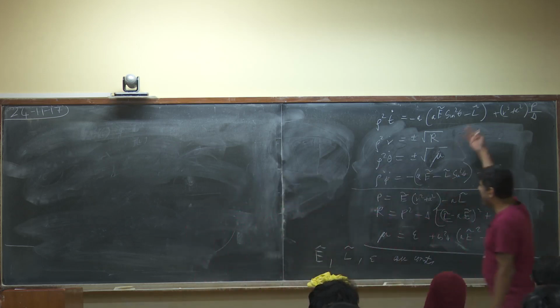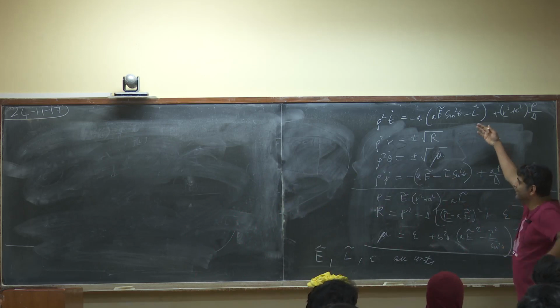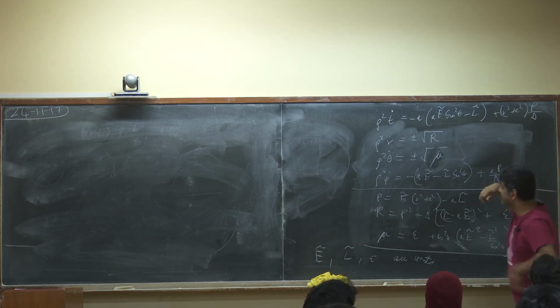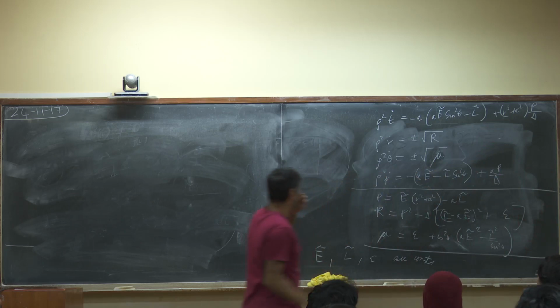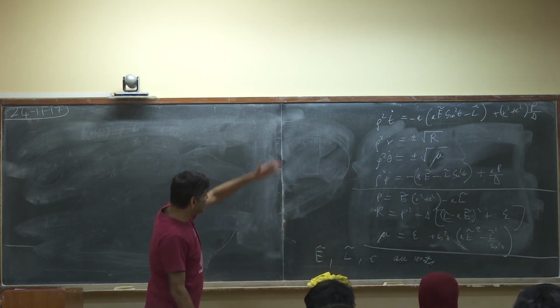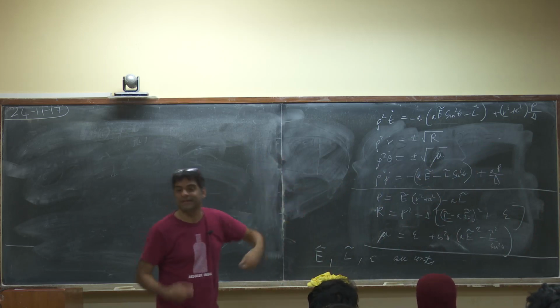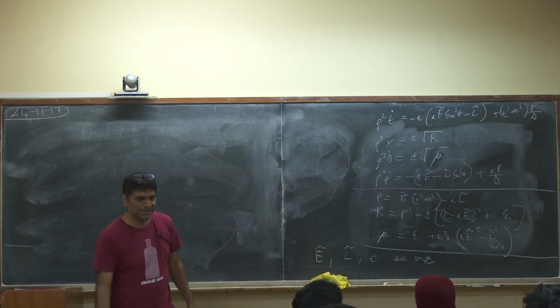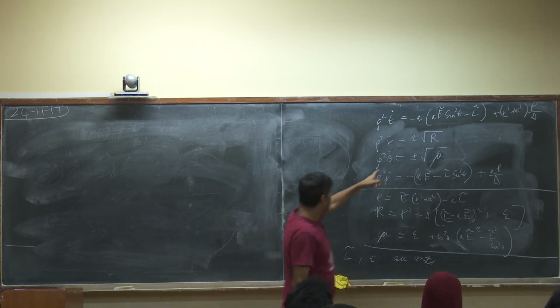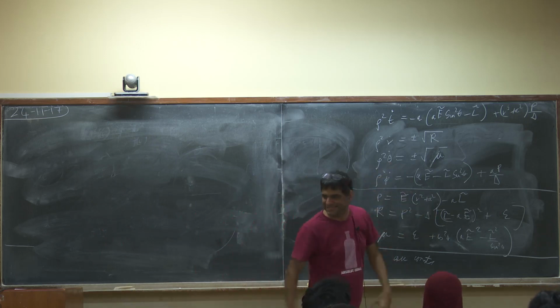Now what we are going to do is the following. These are very complicated equations. Everything is moving. Dot, by the way, is of course motion with respect to the affine parameter, with some choice of normalization.